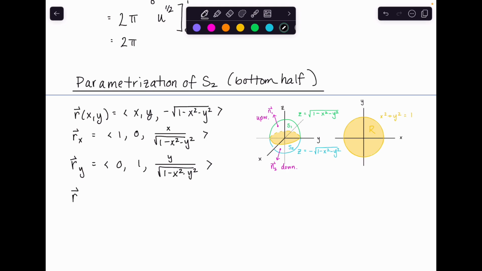So if you go through and you find this cross product, it's going to end up being negative x over the square root of 1 minus x squared minus y squared, negative y over the square root of 1 minus x squared minus y squared, and then you'll get a 1 in this component. Okay. So this is a problem. This cross product is not consistent with outward orientation.